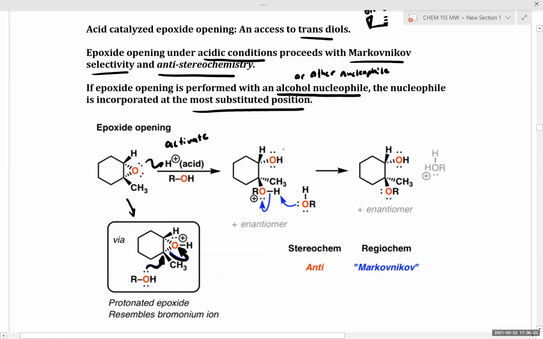This gives us our corresponding trans diol-like product. And then all we have to do is simply deprotonate the resulting protonated ether, and we generate our neutral product. So we have installed our nucleophile with Markovnikov regiochemistry and anti-stereochemistry.